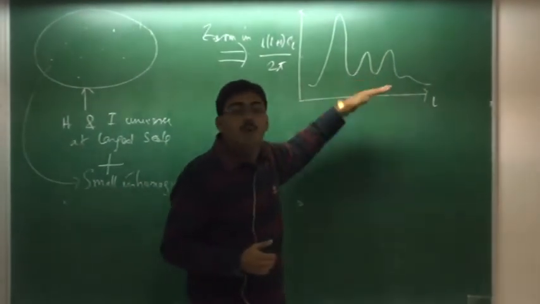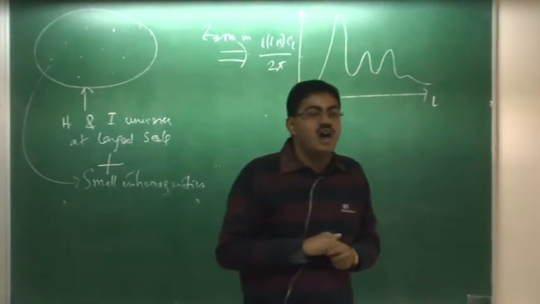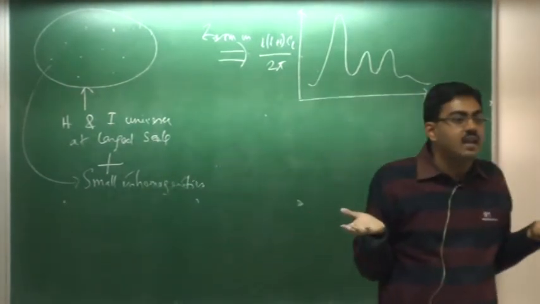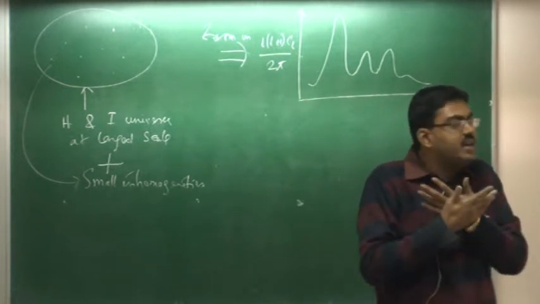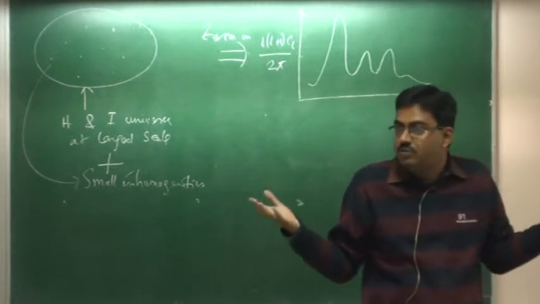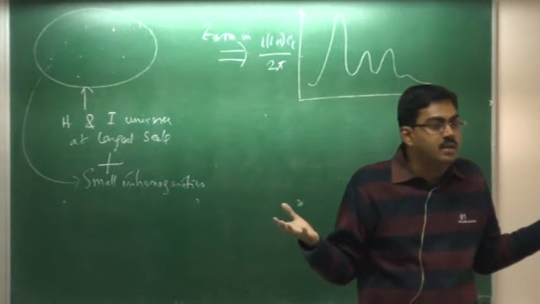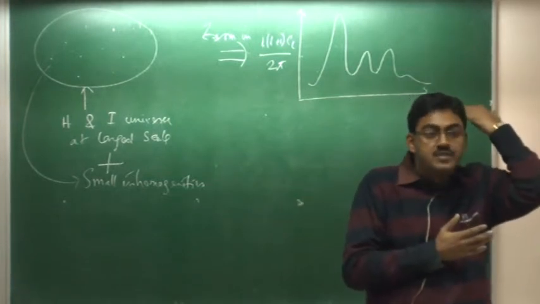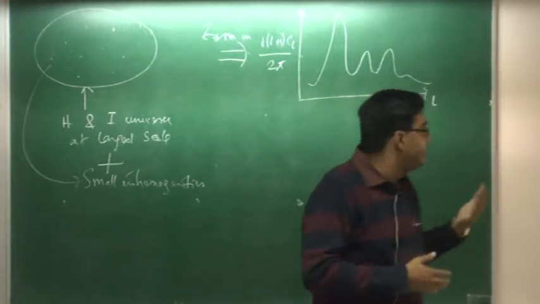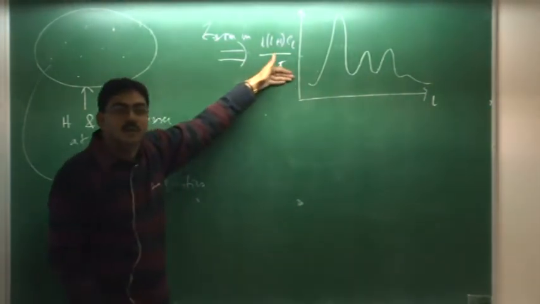And why is this important? Because whatever structure we see today, in the form of us, stars, galaxies, clustered solar systems, whatever inhomogeneities we see today, they would have formed from an initial homogeneous and isotropic universe somewhere, and this is where they are formed.